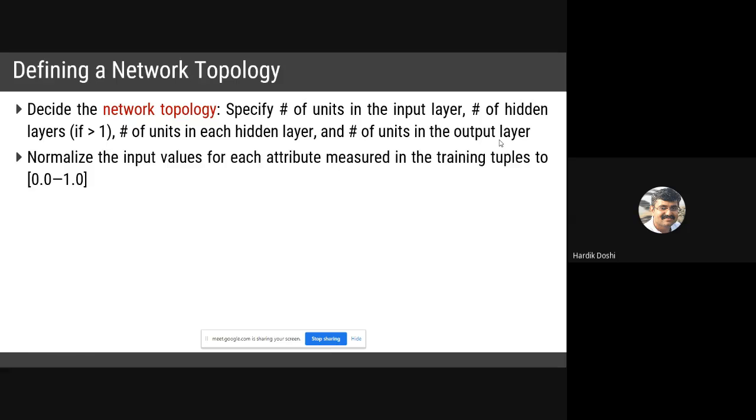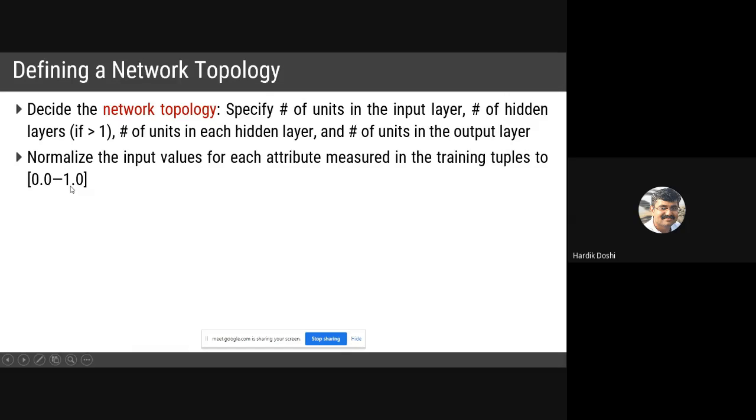Then the next step is we need to normalize the input values for each attribute measured in the training tuples to between 0 and 1. Say for example, I took the example that age is youth, middle age and senior. So I need to represent the corresponding values between 0 and 1 for them.